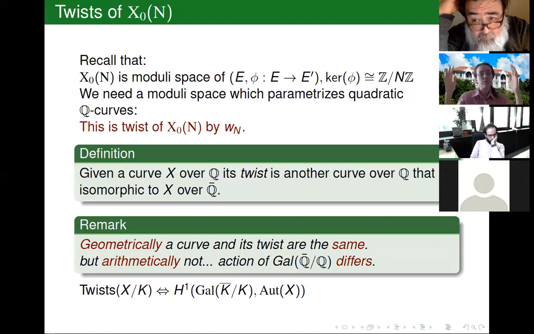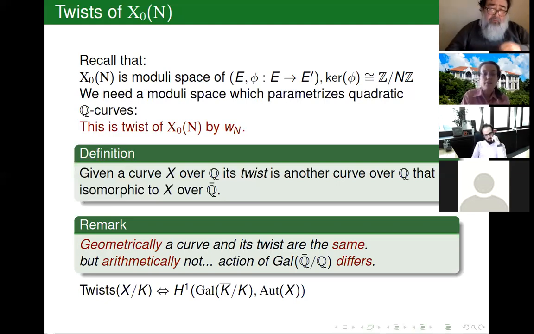Over the algebraic closure, they don't differ at all. But arithmetically, they are quite different. Over Q, they are not the same curve, because the action of Galois is different on these two curves. And you can parameterize the twists, you can understand the twists of a given algebraic curve X via studying the cocycles, special cocycles. So the twists are in one-to-one correspondence with this cohomology group.